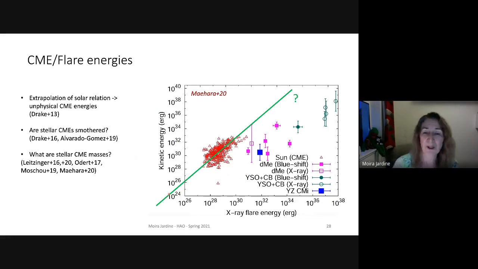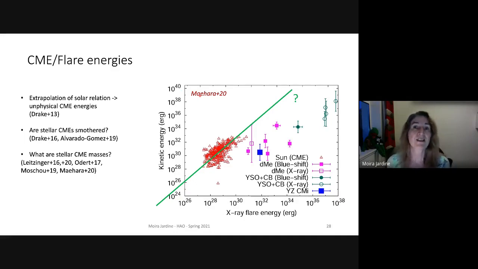And the point that was made in the Drake et al. paper was if you extended this lovely correlation from the solar events out to the typical X-ray energies we see for stellar flares, you would predict an absolutely enormous kinetic energy for stellar CMEs, a ridiculously high amount of energy.